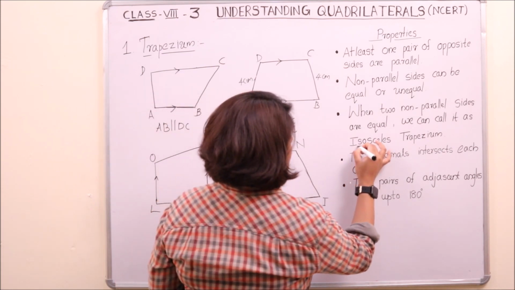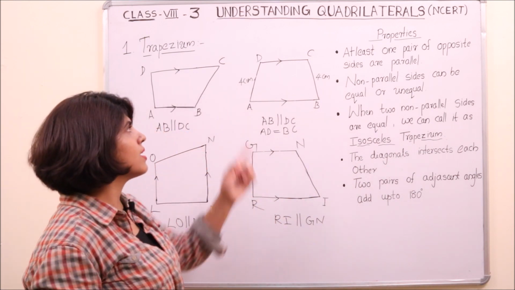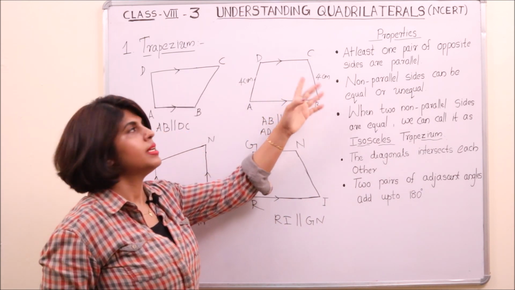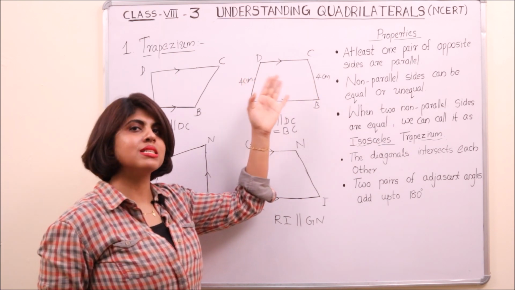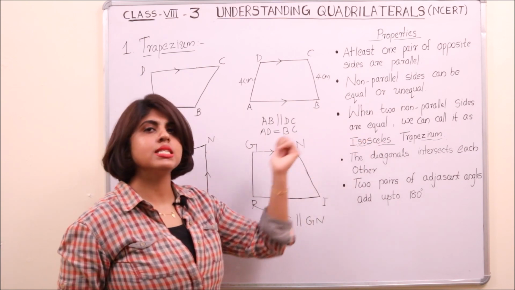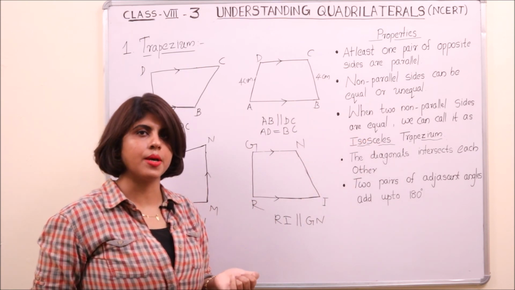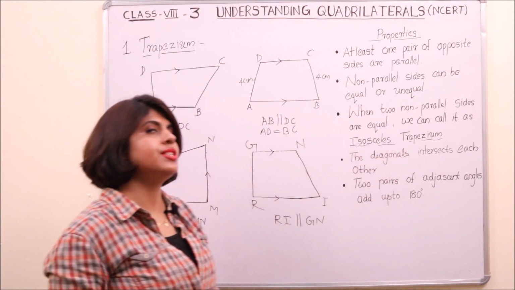Clear? It is known as an isosceles trapezium when the two non-parallel sides are equal. They may be equal or unequal, but whenever the non-parallel sides are equal, we can say that this is an isosceles trapezium.